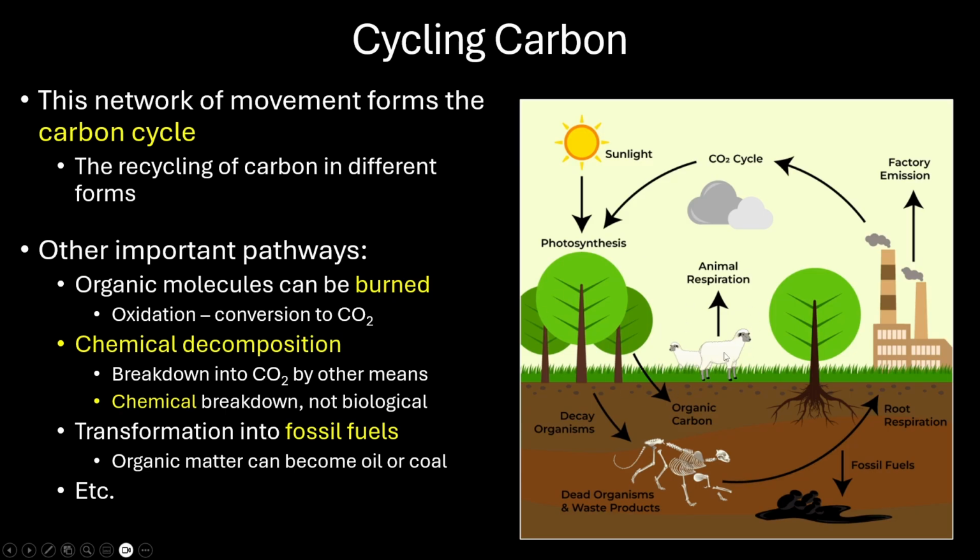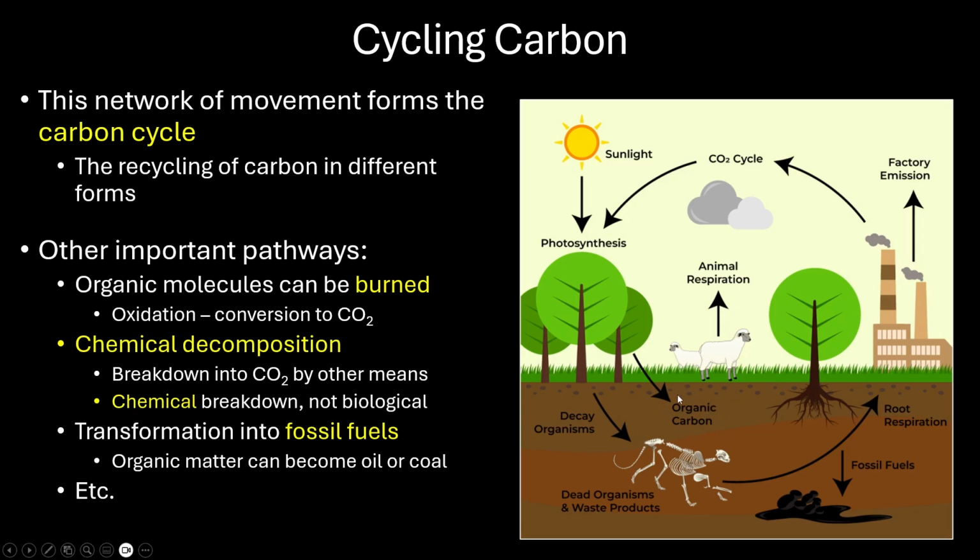Plants and animals alike can do respiration that can take those sugars and turn them back into carbon dioxide, going back into the environment. It is also possible for this material to enter into the soil and become organic carbon, in which case those detritivores that I mentioned before will love to eat these things.